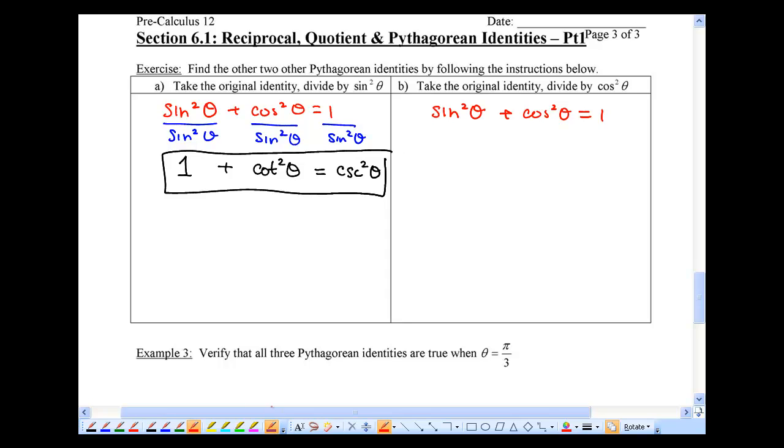Go ahead and you try. But this time, divide by cosine squared. Sine over cosine, yep, tangent squared. This is 1. And that must be secant squared theta.